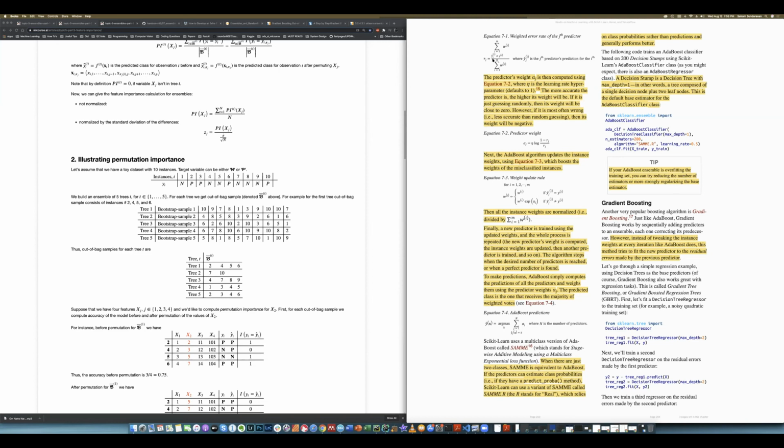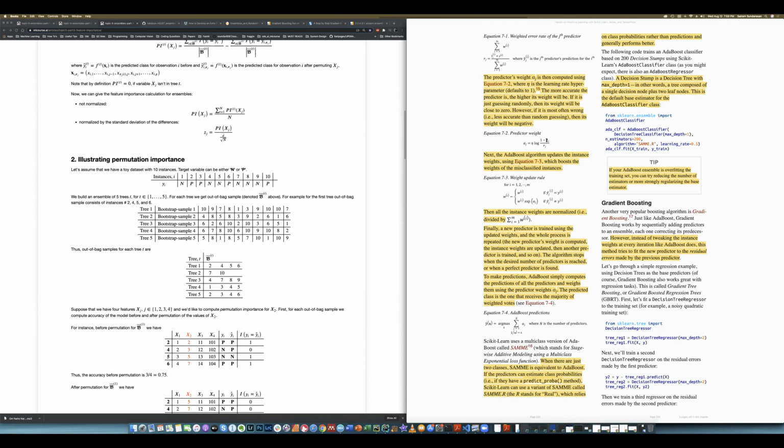higher. So the predictor weight, that's the next equation, is this parameter eta times the log of 1 minus rj divided by rj. If we think about it for a second, if my predictor made a perfect estimation, I'd have r of j being 0, right? Because the numerator of the term would be 0, meaning that the logarithm would be an enormous number.